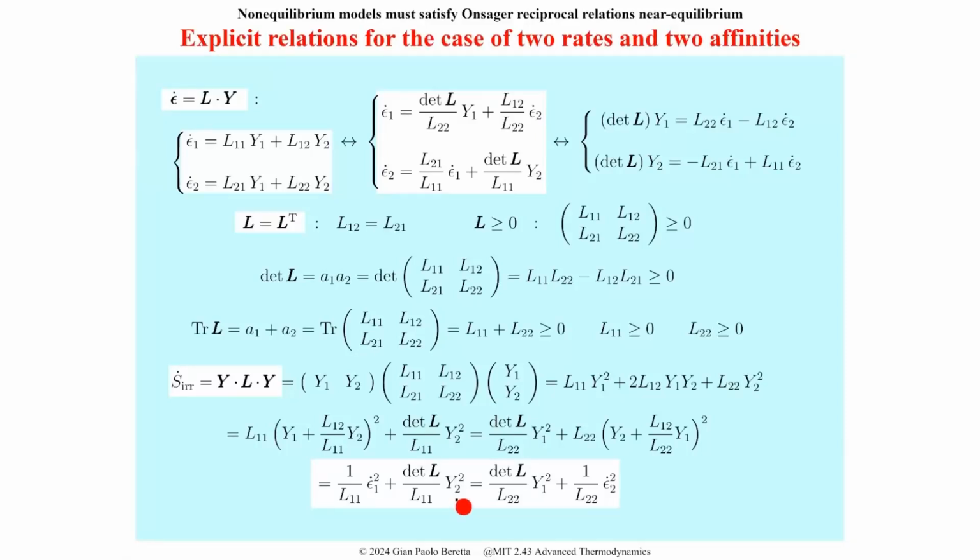Now, this is just a reminder of simple mathematics of when you have a system, like for a 2 by 2 matrix L, what is the consequence if the matrix is symmetric and positive semi-definite or non-negative?